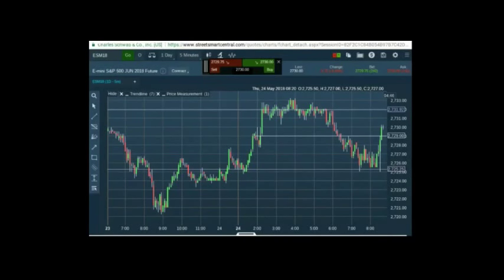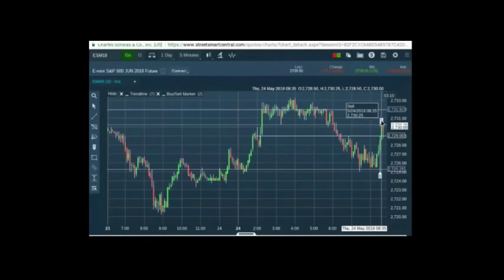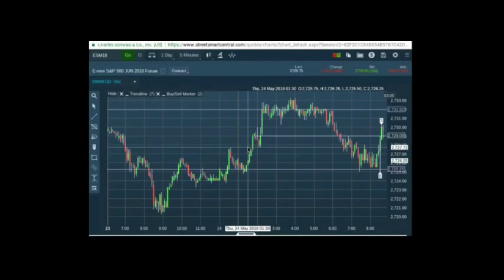Kind of watching it here. It's a pretty violent move that got us in, and within 5 minutes or so, we're right back up to 27.29, and we're able to get taken out here at 27.30. So we had our buys, our sells. We're in, we're out.